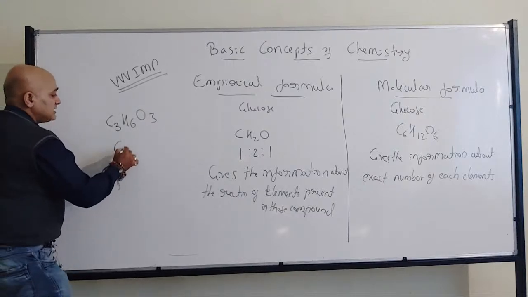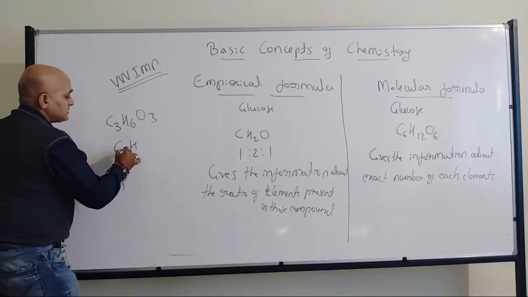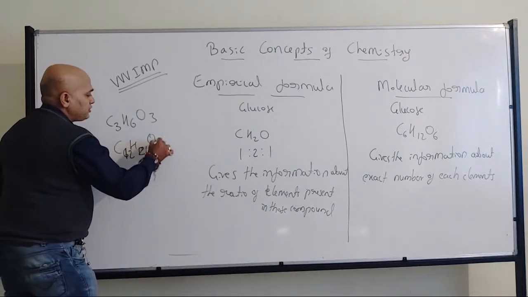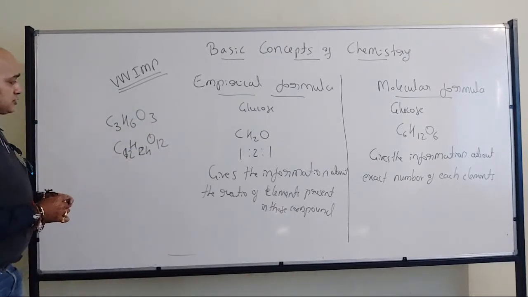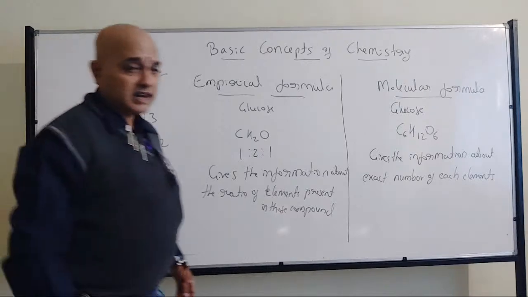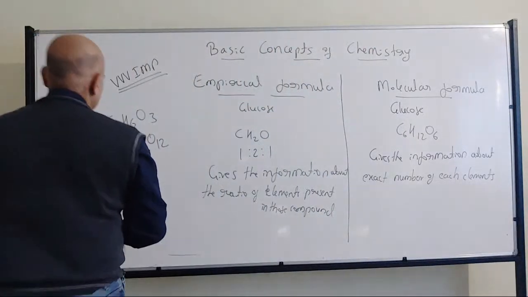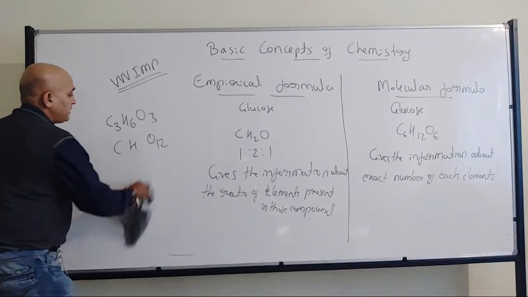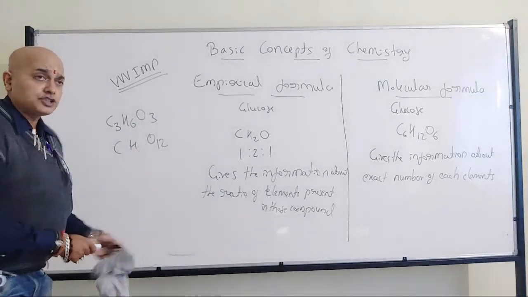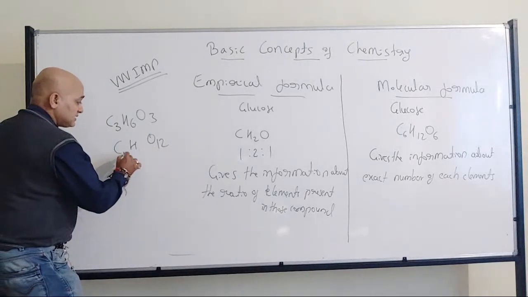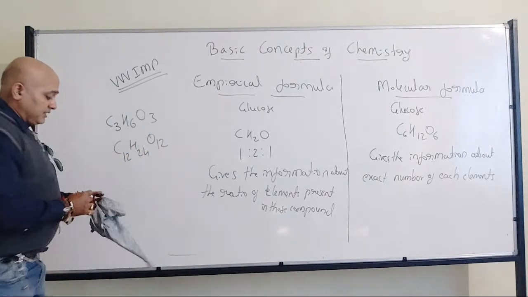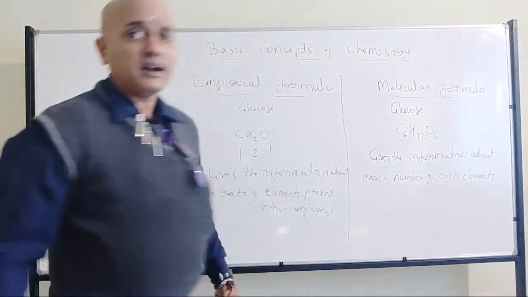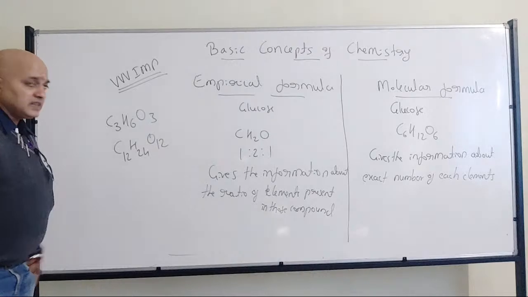Even with C12H24O12, I get 1 is to 2 is to 1 only. Right? So what I mean to tell you is, with the empirical formula I am not at all sure whether it is related to glucose or any other organic compound.